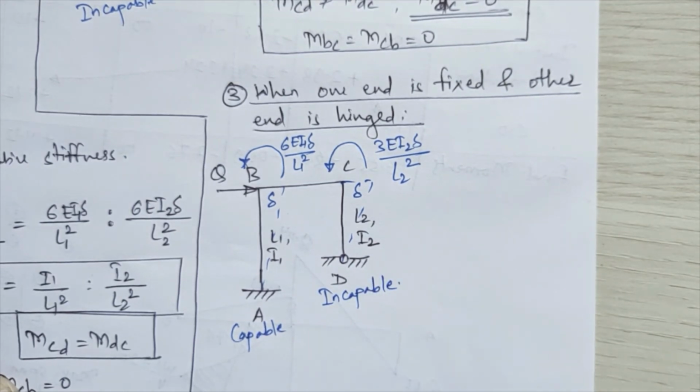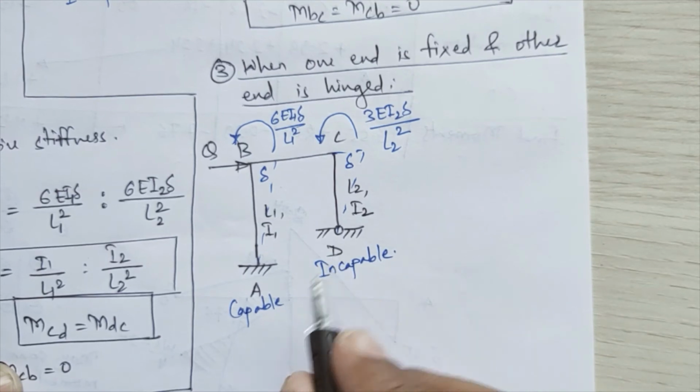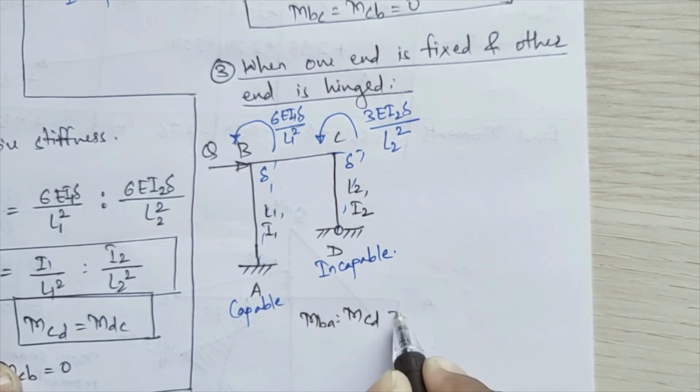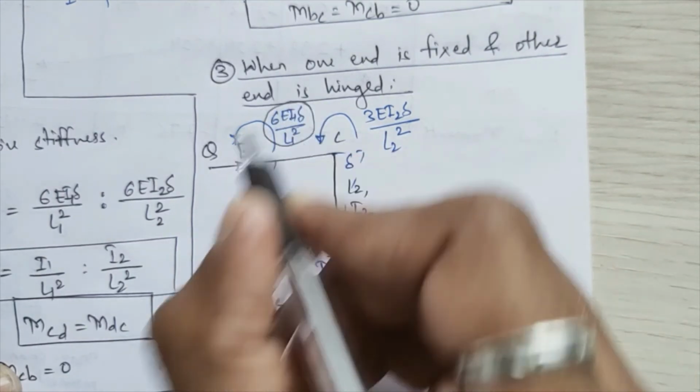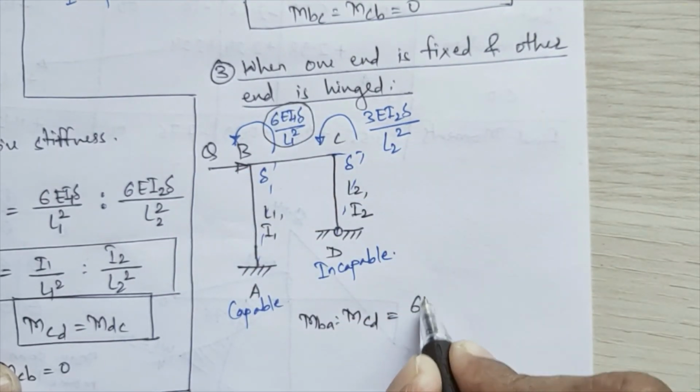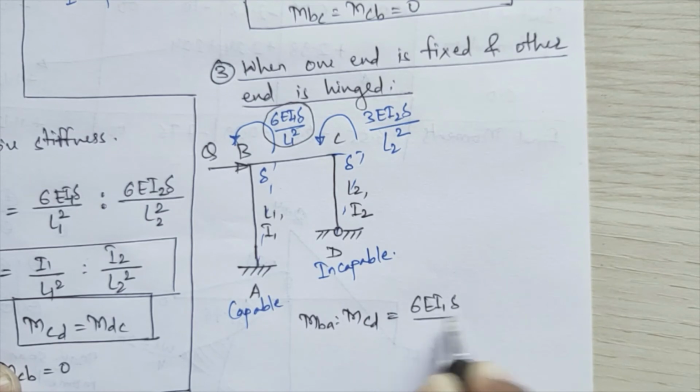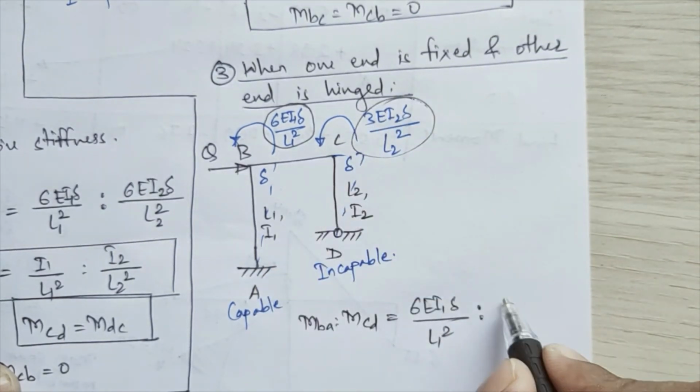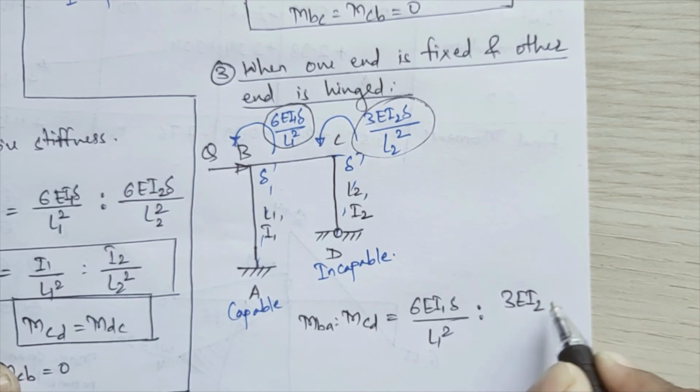Okay, so if I now take the ratio of these values, that is MBA is to MCD, MBA I am getting 6EI1 delta upon L1 square, is to MCD value I am getting 3EI2 delta upon L2 square.